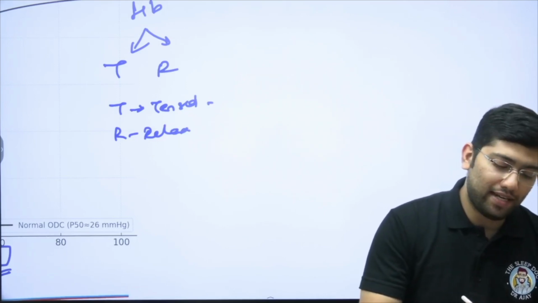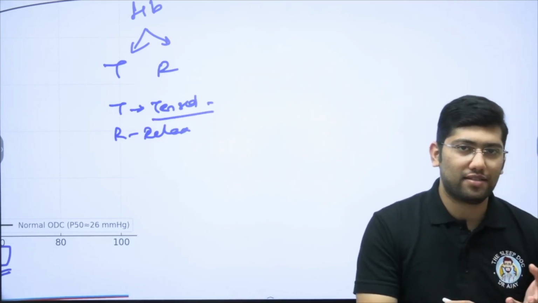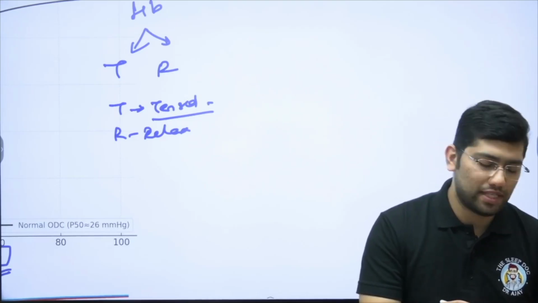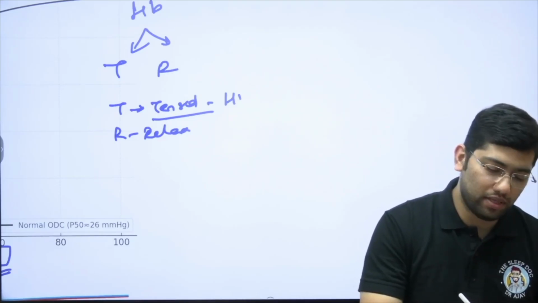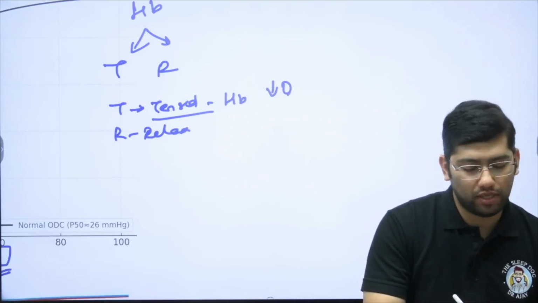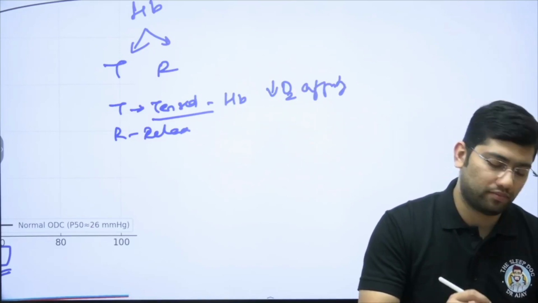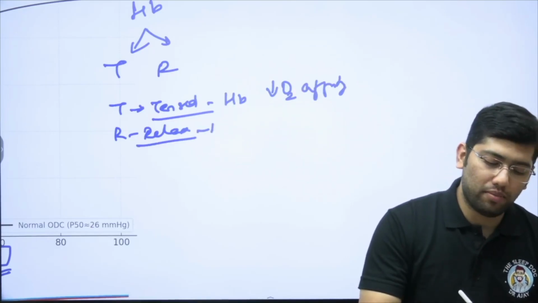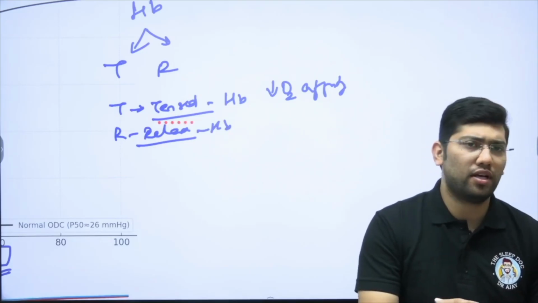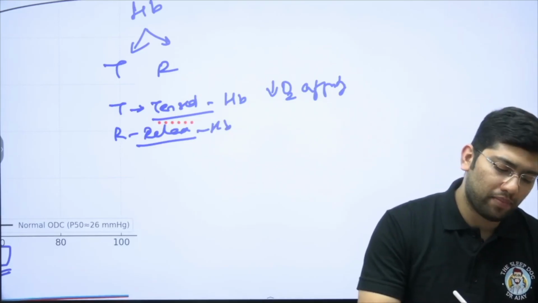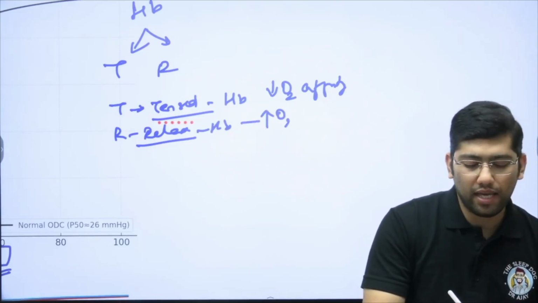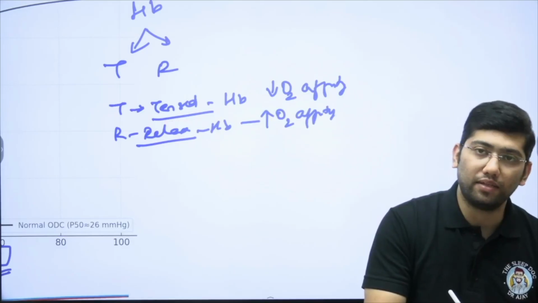In tensed state, when you're tensed, you can't absorb any knowledge. Same way, for a tensed hemoglobin, it cannot accept oxygen, or rather, the oxygen affinity is low. Relaxed state hemoglobin is very relaxed. You can consume lots of knowledge. Same way, the hemoglobin has higher oxygen affinity.